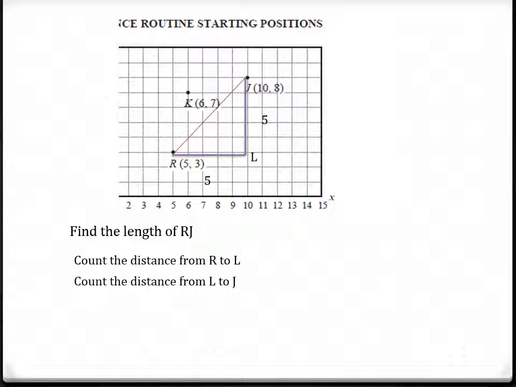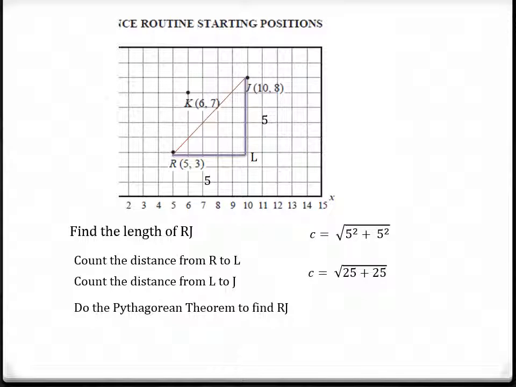Now I'm going to go ahead and do the Pythagorean theorem to find RJ. So I'm going to substitute it in. Now it makes no difference which one you make your A or which one you make your B, but RJ is always your C. The diagonal is always your C. So we have the absolute value of 5 squared plus 5 squared. Simplify. 25 plus 25, we get square root of 50.